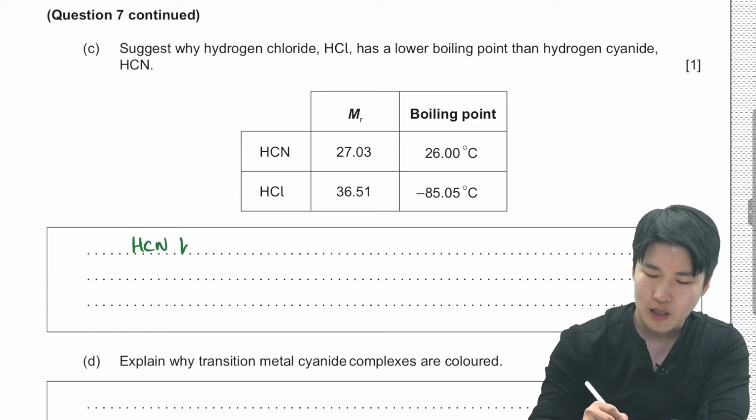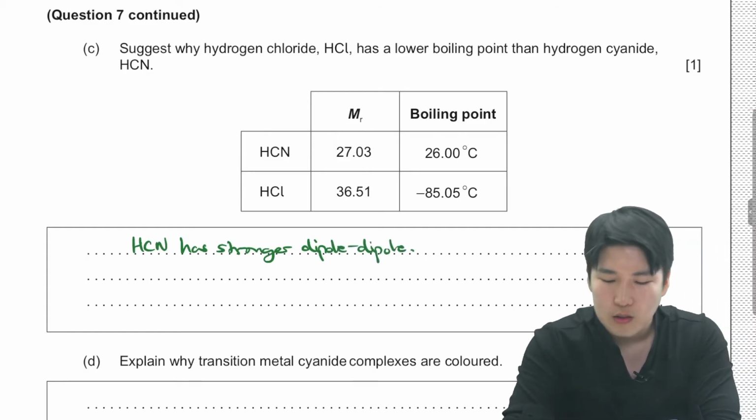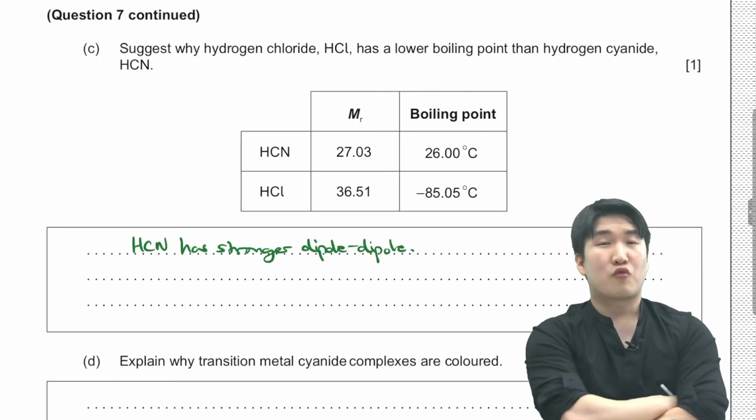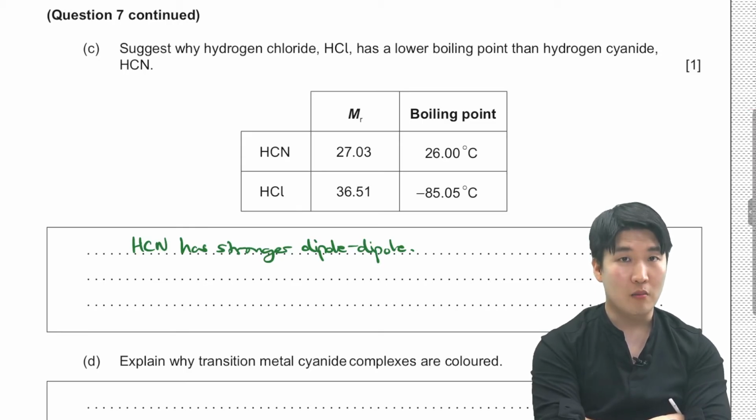HCN has stronger dipole-dipole. Why would HCN have stronger dipole-dipole? It's going to be to do with the polarity of the intramolecular bonds, CH, CN.